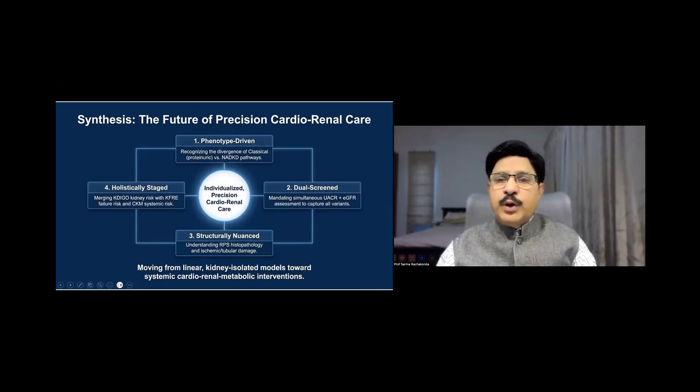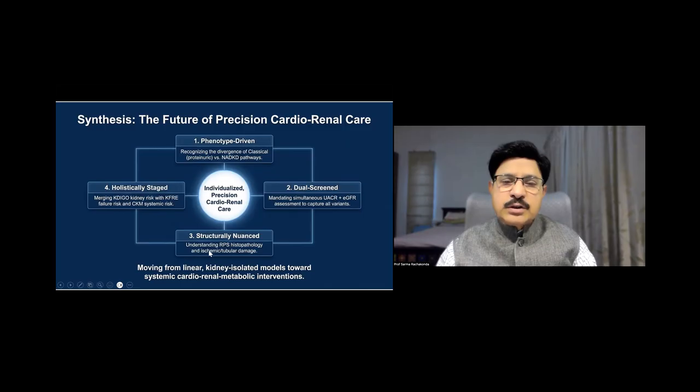Number 2, a dual screening mandate for UACR, urine albumin creatinine ratio, and eGFR. And structurally, understanding the pathology, histopathology, and ischemic tubular damage. Do a renal biopsy and find out renal parenchymal versus glomerular versus tubular damage.